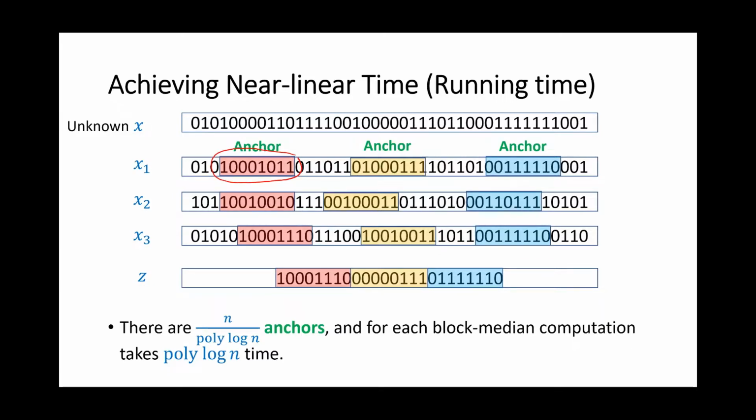So computing the median of these three blocks takes only polylog n time. Since there are n by polylog n anchors in total, and for each of them I take polylog n time, the total time is just O tilde n. And that's the end of the running time.